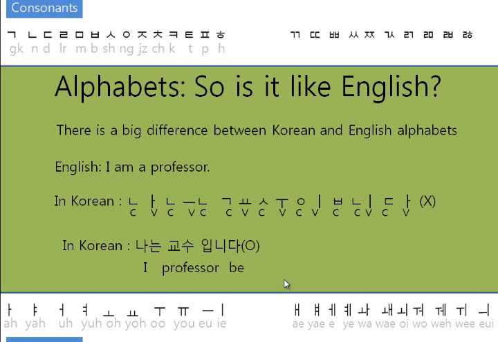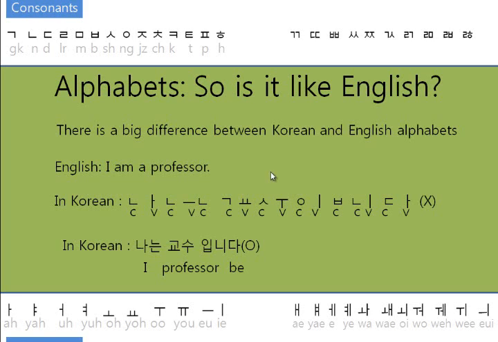Okay, but why don't we write this way? Instead, we write this way because we have consonants and vowels, but at the same time, just like Chinese or Japanese, it might not be correct, but probably we have feelings towards making characters as well.